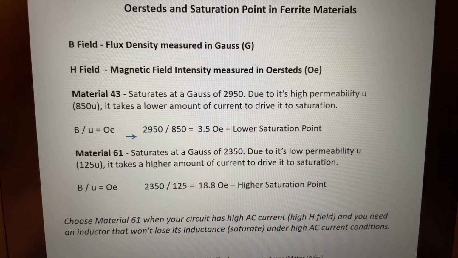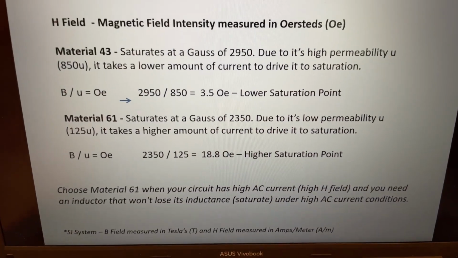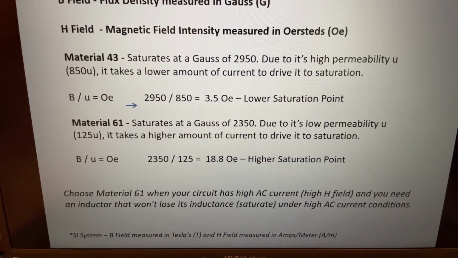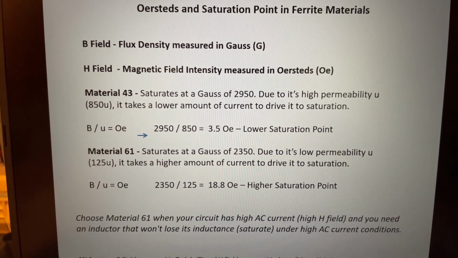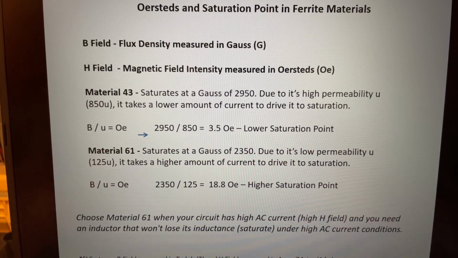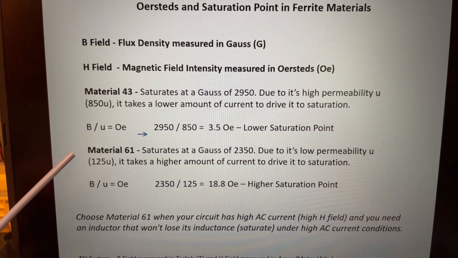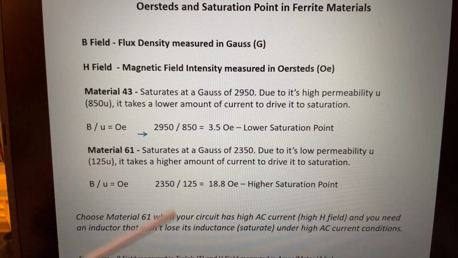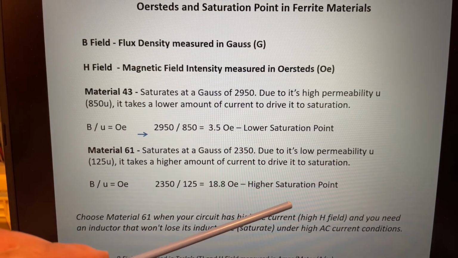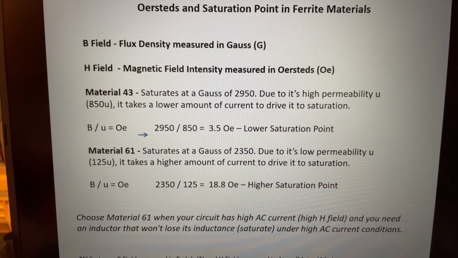So you might see different terminology there, and I have it footnoted at the bottom. Those are the newer units of measure that are typically used, but the calculations are all the same. So that's why we use material 61. You can see that the Oersteds are higher, and therefore the saturation point is higher.